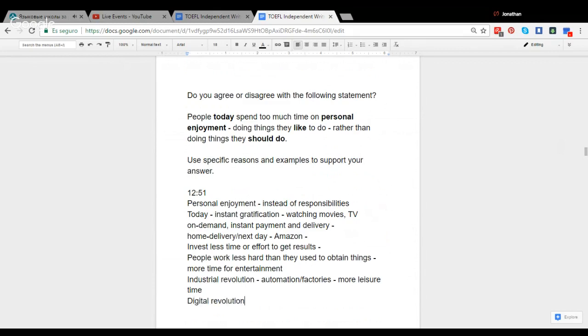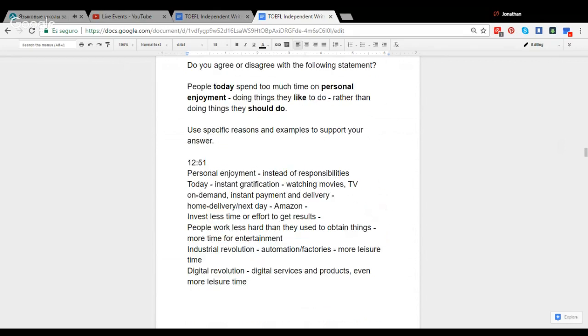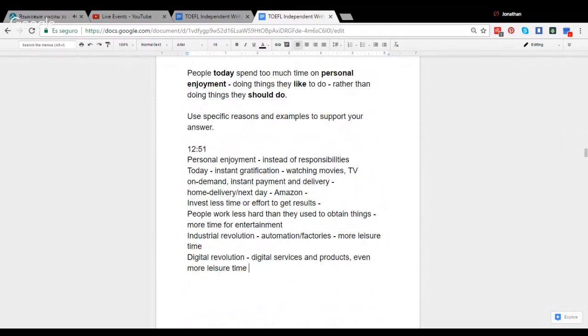We're still in the middle of it, where there are all of these digital services and products that give even more leisure time. There's more time, and there are also more options that are increasing all the time. There's also more distractions with internet and social media.